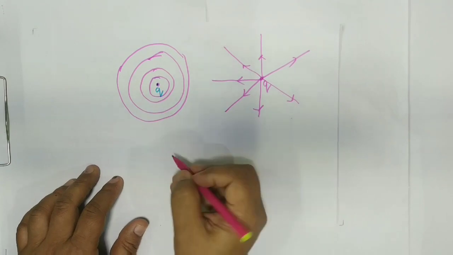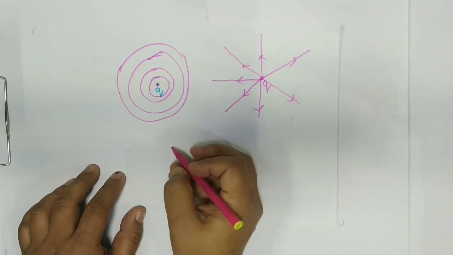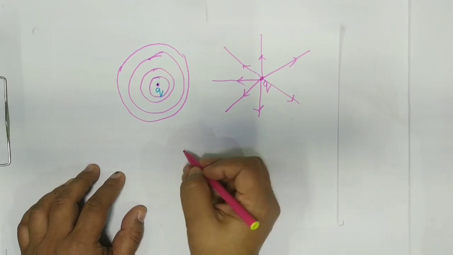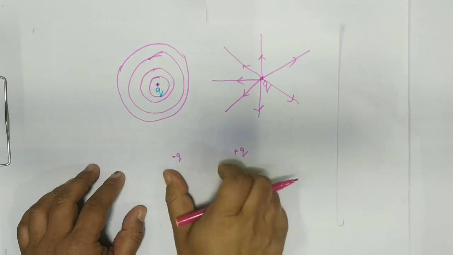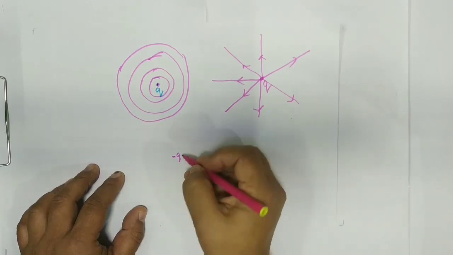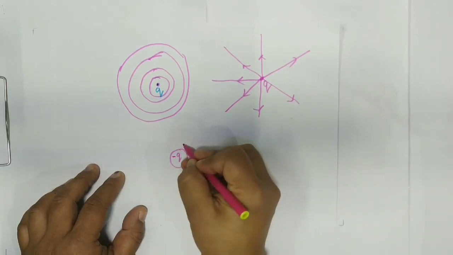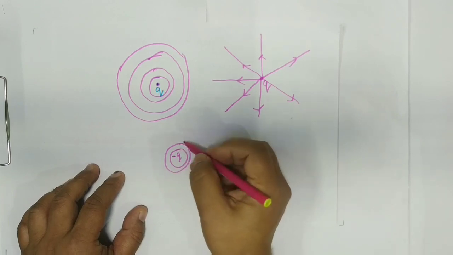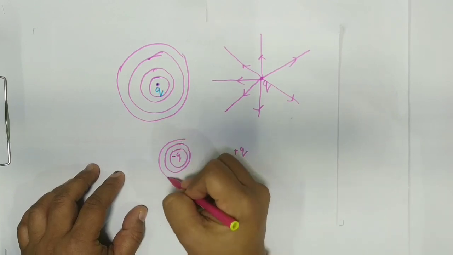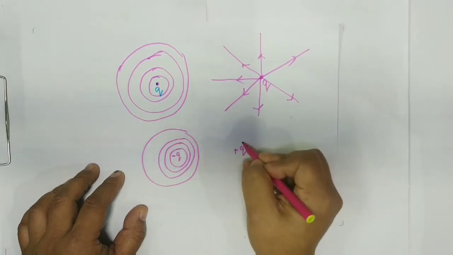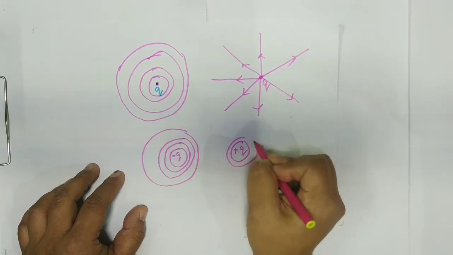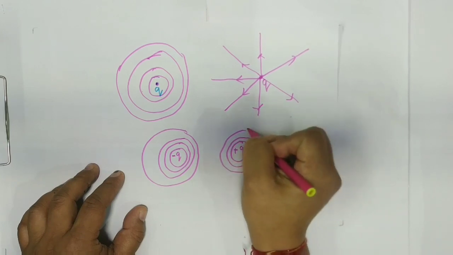Okay. Similarly, if there's a charge of unlike nature, say this is minus Q and this is plus Q, and they're like a dipole, their surfaces will be like this, and you can draw these surfaces like this.